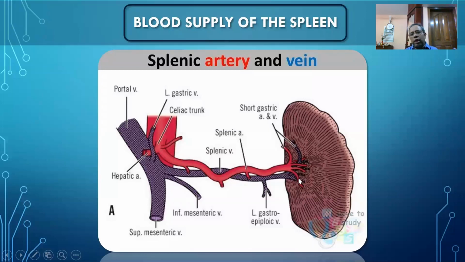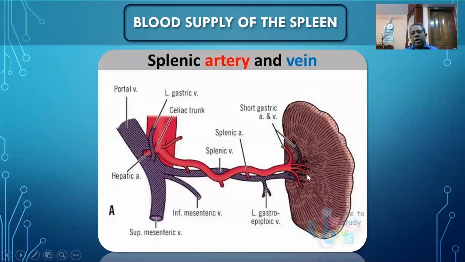So if you divide and ligate the lobar or segmental branch, you can save part of the spleen and only remove the lacerated segment. For that reason, the anatomical distribution of the vessels must be known.